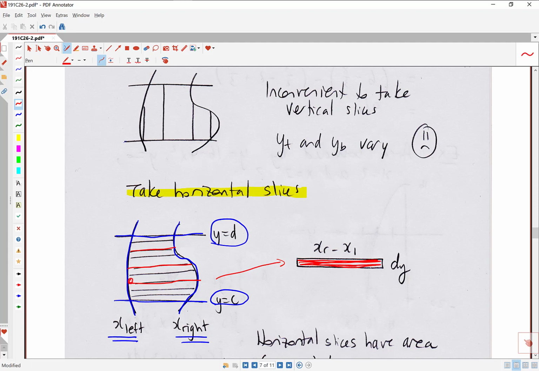Well, it would be running from x left to x right. So if we subtract those two, the length would be xr minus xl. And then the little bit of height would be just a tiny change in the y direction, so that would be dy.